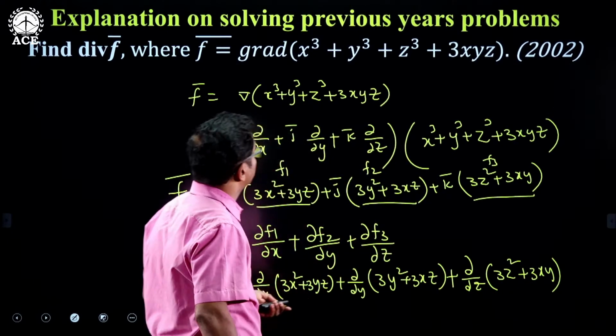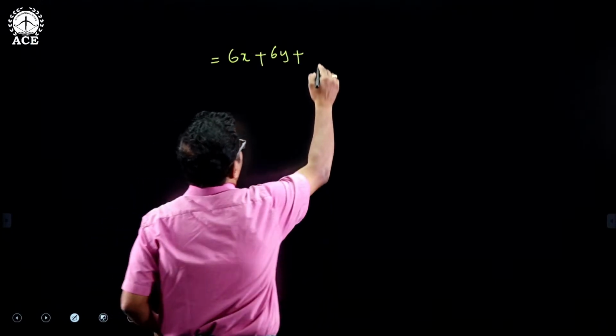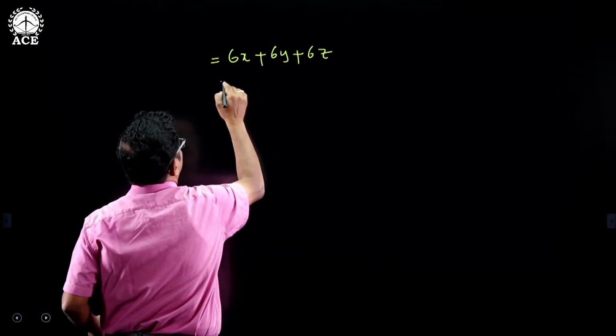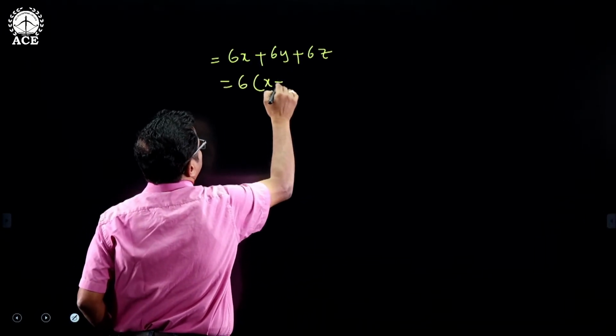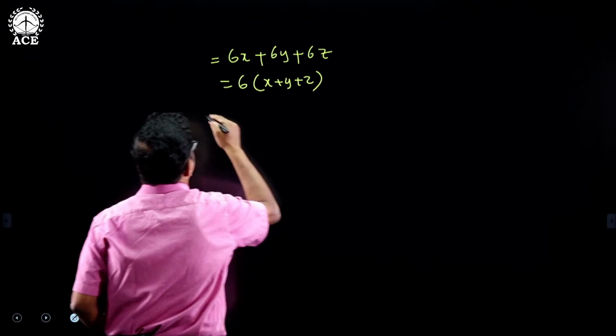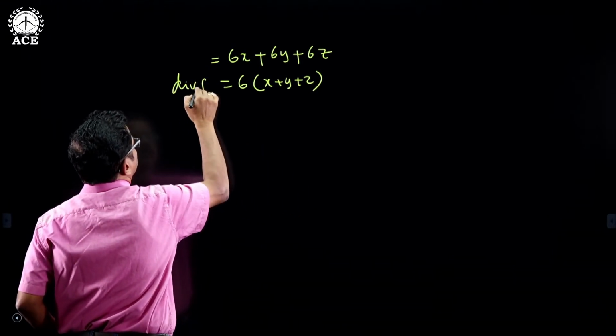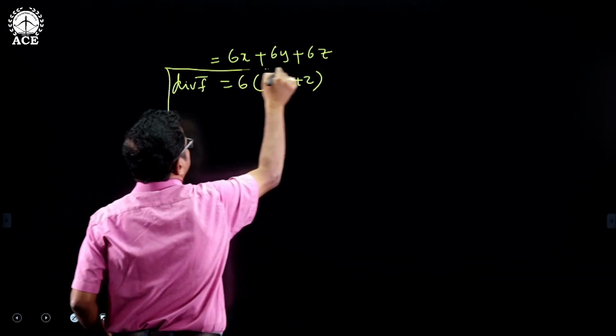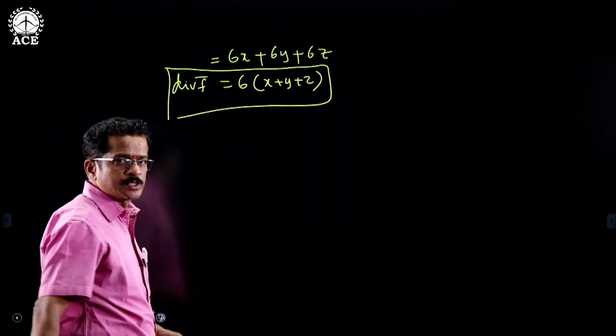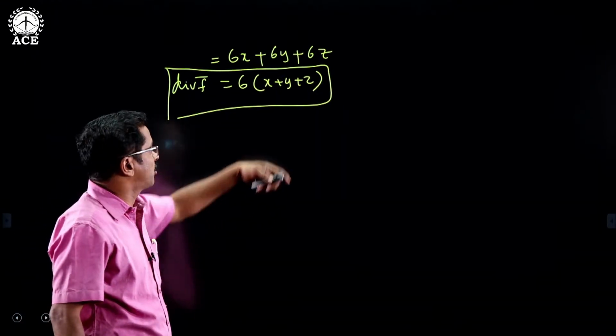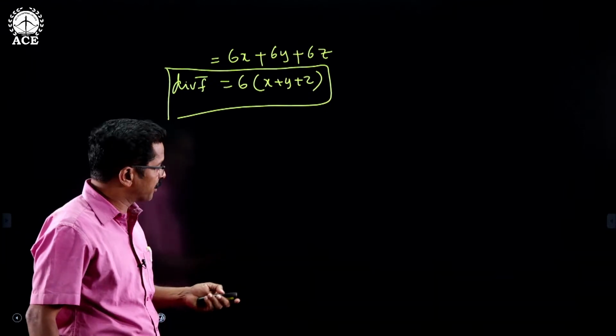Similarly 6z, which equals 6 into x plus y plus z. This is the divergence of F bar. The divergence of F bar is a scalar point function, not a vector point function, which is free of vectors.